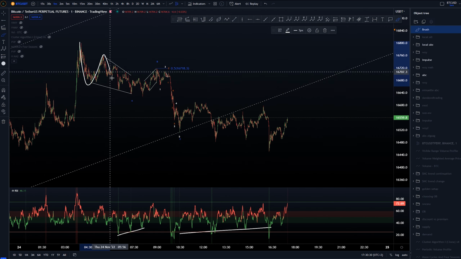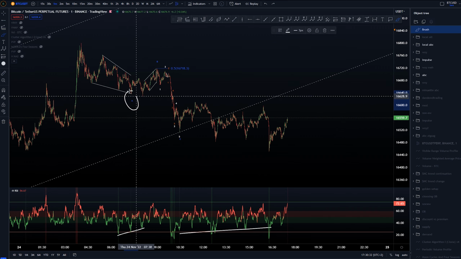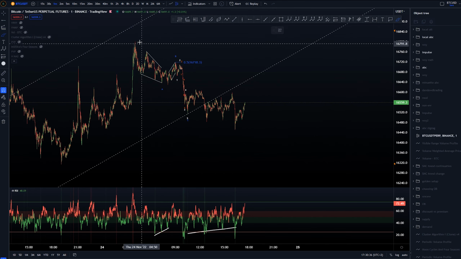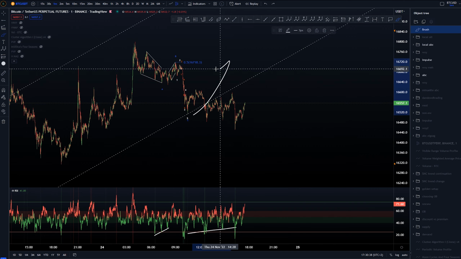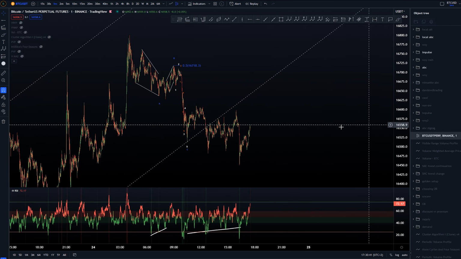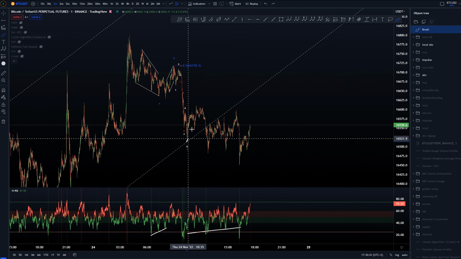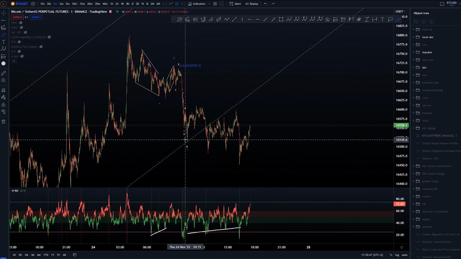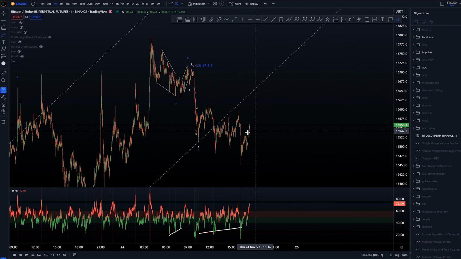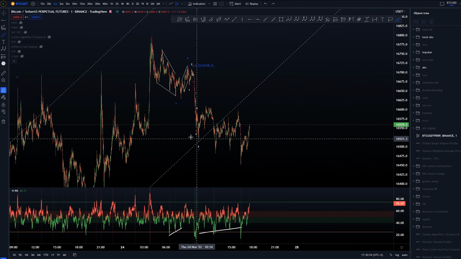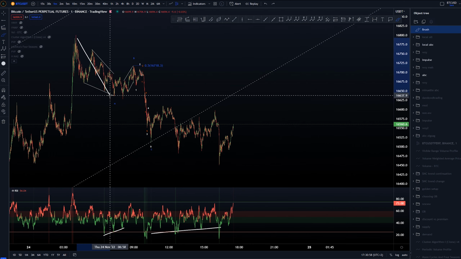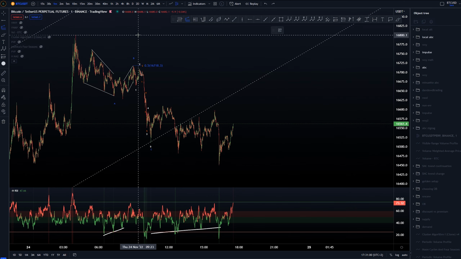We had this as a potential 1, 2, 3, 4, 5 into a wave A. Again, the expectation was that we are still creating some kind of connector downwards before launching up higher, and I actually took a long here, and I'm still in that long at the moment, and I didn't add into it. I'm just sitting on it, not really sure what kind of structure we are forming in here, but the idea was that we were just creating an ABC structure here.